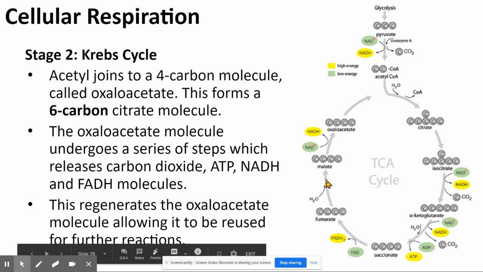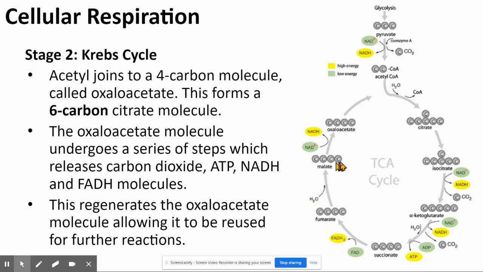Now it's going to gain some water, and now it's malate, and now it's going to lose some more electrons, right? So all these electrons are coming off of them. These are high energy molecules. And now this is going to go back up here, and it's going to pick up those 2 carbons again. So now it's going to go back to 6, right?